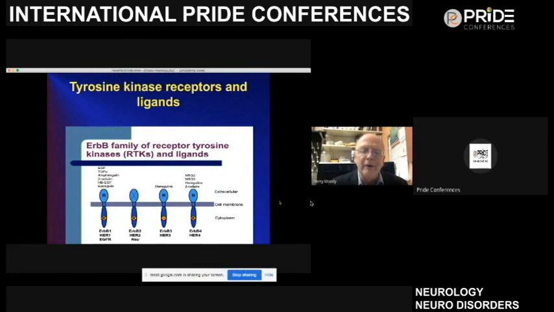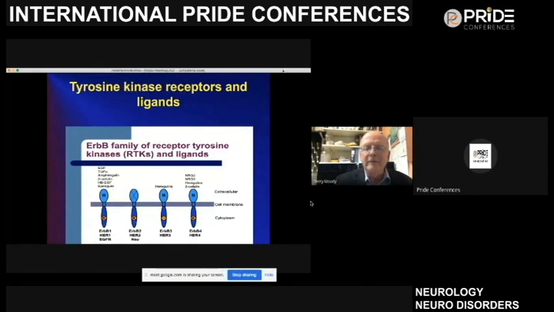Primarily the way this is done is by forming heterodimers between the EGF receptor and HER2. Also, HER2 can form heterodimers with HER3. HER3 is activated by neuregulin, binds with high affinity, but HER3 has weak tyrosine kinase activity.